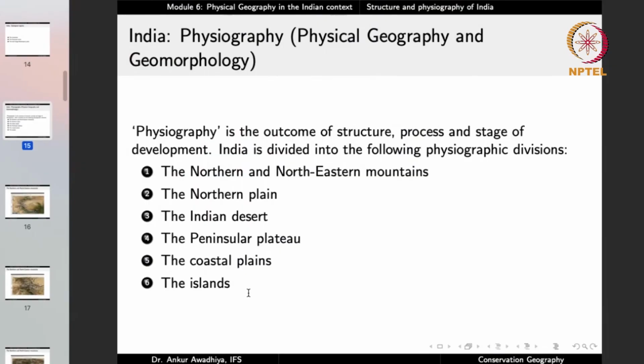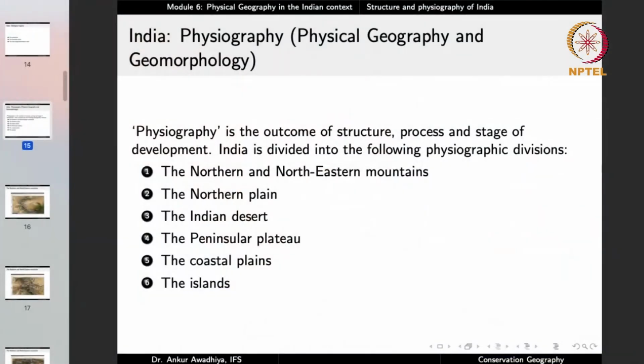Next, we have the islands. So we have the Andaman and Nicobar Islands towards the southeast of the country, and we have the Lakshadweep Islands towards the southwest of the country. The Andaman and Nicobar Islands are large sized islands, whereas the Lakshadweep Islands are very small.